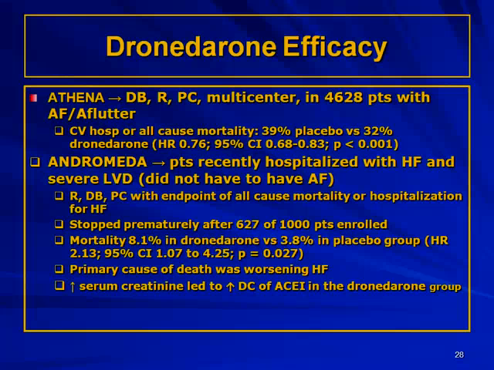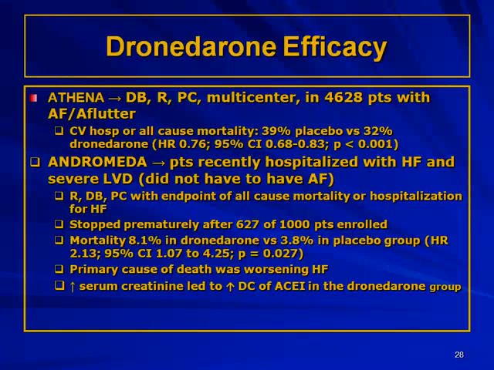The study that really, I think, causes the most concern was ANDROMEDA. But the difficulty with ANDROMEDA is that it was a heart failure trial. Patients had to be hospitalized with heart failure and severe left ventricular dysfunction, but did not have to have atrial fibrillation.